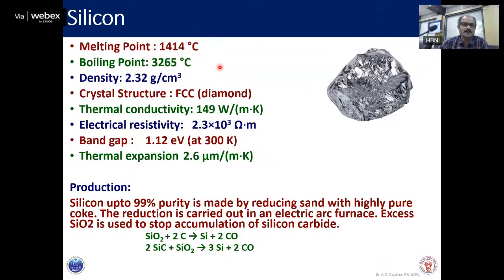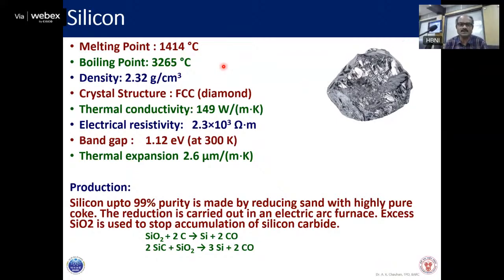So let us see the elemental semiconductor, silicon. Silicon is the most common material used in the semiconductor industry. It has a melting point of 1414 degrees centigrade, and if you go on increasing the temperature, it boils at 3265 degrees centigrade. The density is 2.32 gram per centimeter cube, and it crystallizes in the diamond structure. What is the diamond structure?